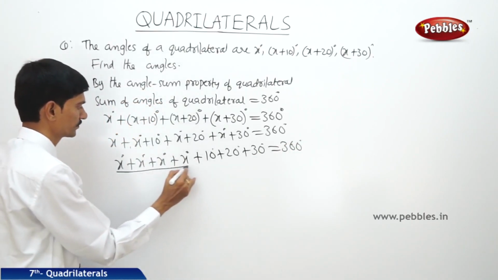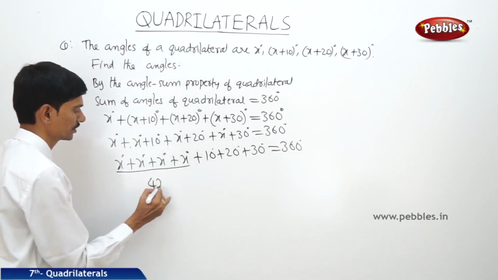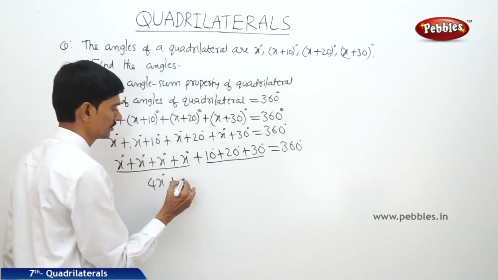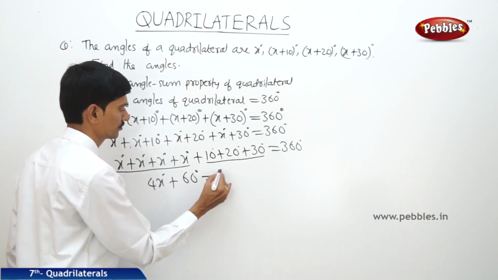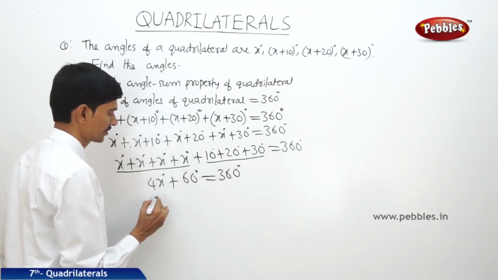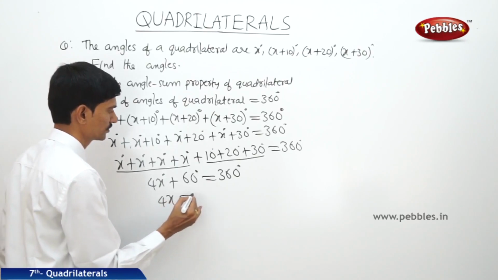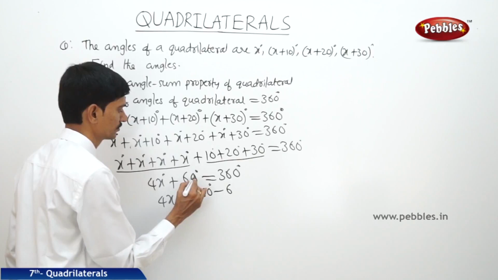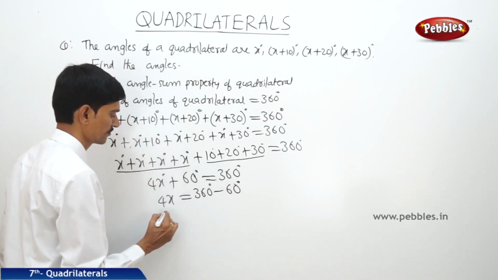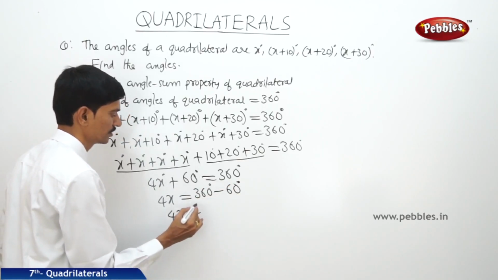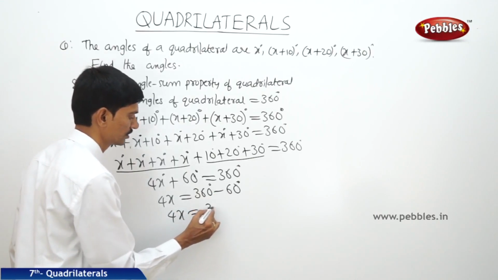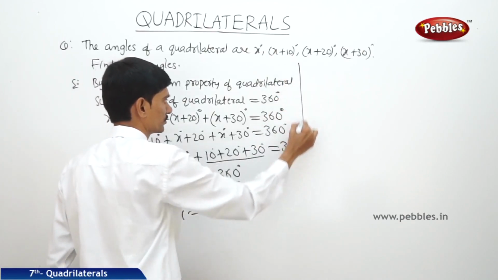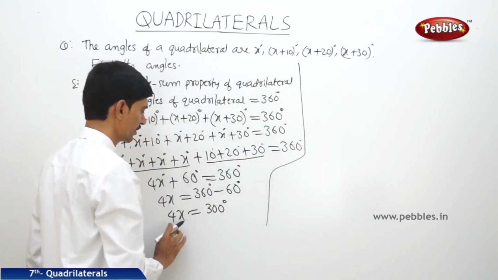Now x plus x plus x plus x is 4x degrees, plus 10 plus 20 is 30, plus 30 is 60, equals 360 degrees. Then 4x equals 360 degrees minus 60 degrees. Then 4x equals 360 minus 60, which is 300 degrees. Then x equals 300 by 4.